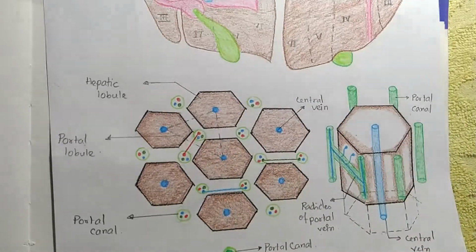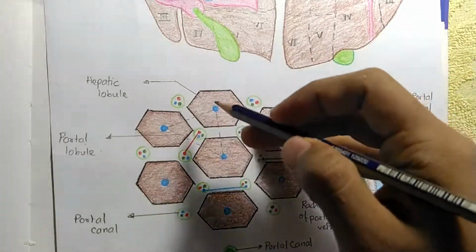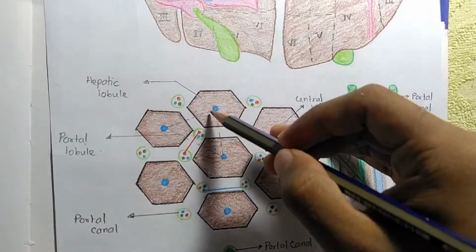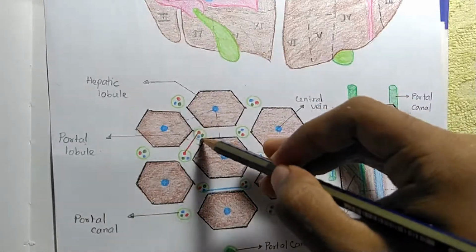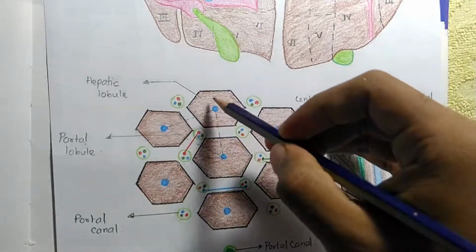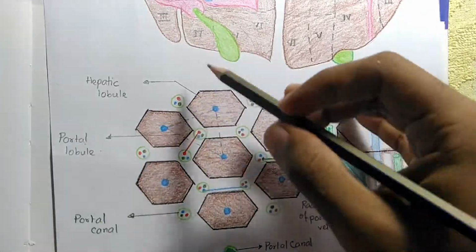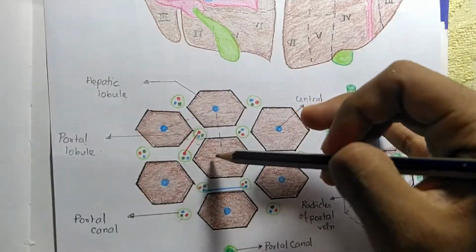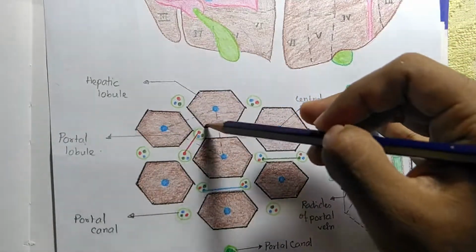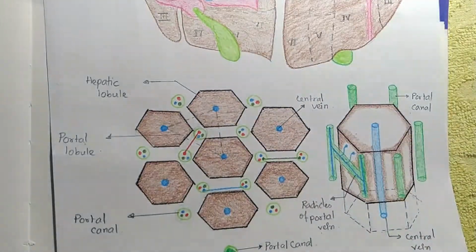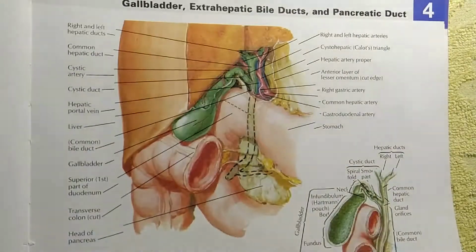This is the full hepatic lobule, and 3 hepatocytes supplied by the portal canal form a portal lobule.